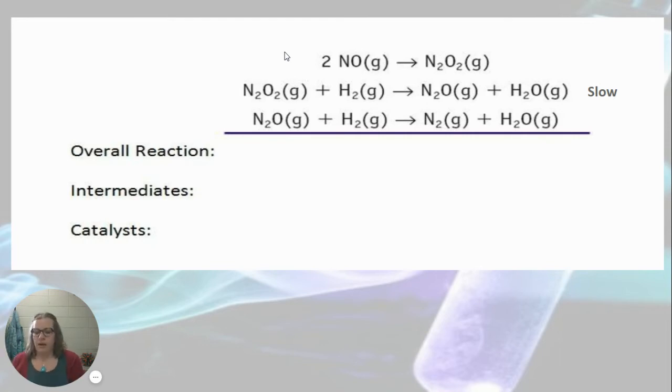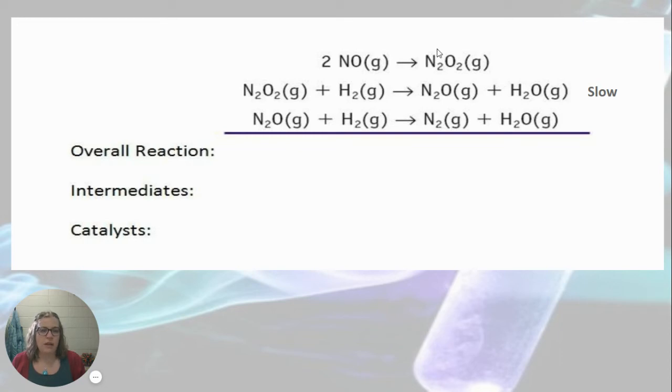So that's kind of like my amazing ball trick here. Two NO are hitting together. Because there's two NO hitting, that makes this first elementary step bimolecular. And when they hit, they propose that they stick together and make this thing called N2O2 here.